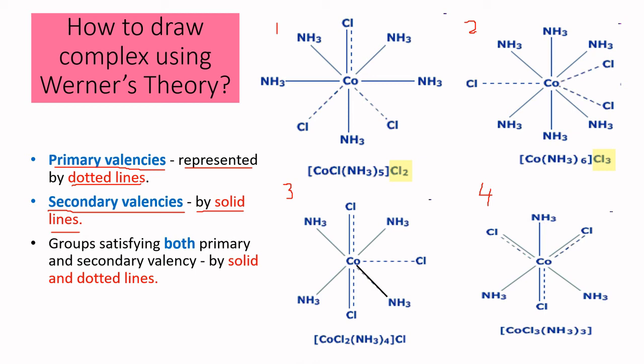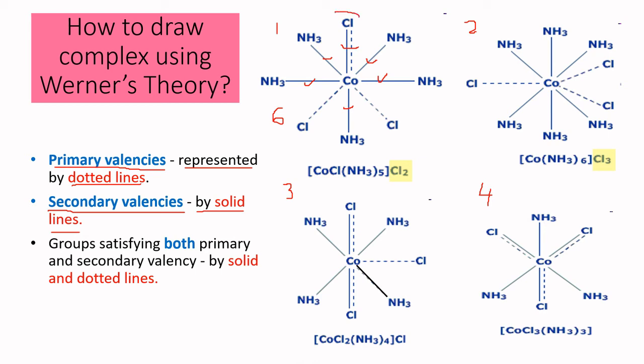If you look at this example, we calculate the coordination number by counting the ones with the solid line, which is 1, 2, 3, 4, 5, and 6. So the coordination number is 6 here, meaning there are 6 ligands attached to it.